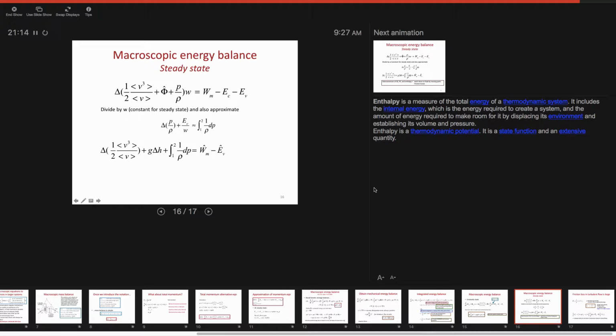And this gives me an equation that we work with. So basically, I have interconversion of kinetic energy, potential energy, and enthalpy, which is on the left-hand side, and it's equal to the work done on fluid by moving parts, which is this one, minus friction losses.